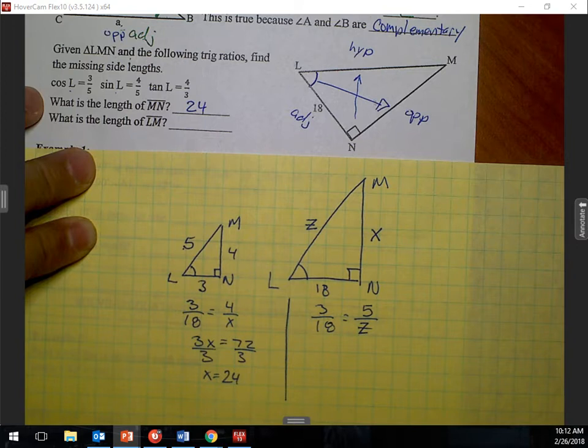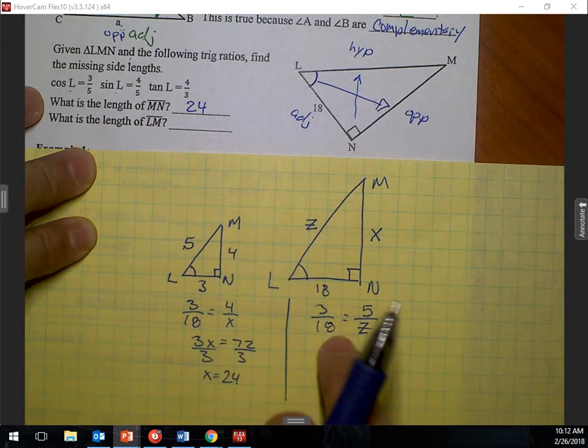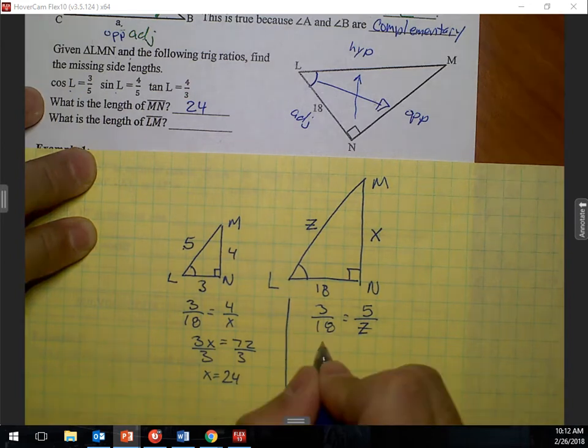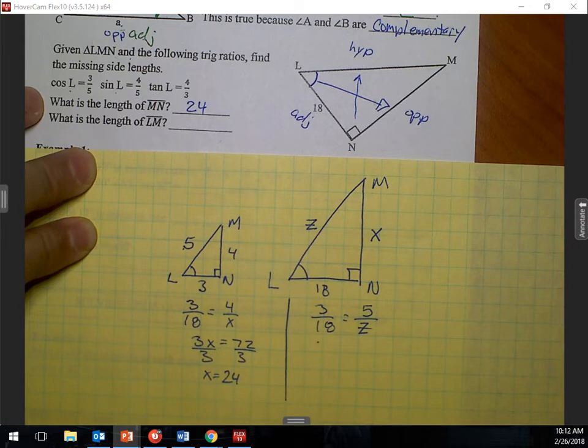It's not hard, right? Like I said, this is a test question. It's almost exactly like this, but still. Cross products. 3z equals 90, I just gave you this one. Divide by 3? 30.